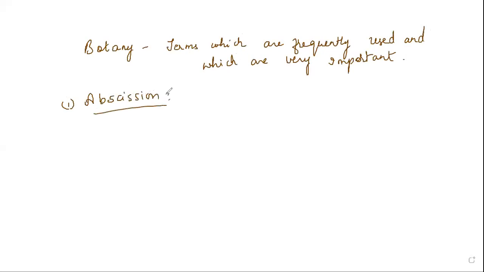Abscission. Now, what is abscission? It is nothing but separation of leaves, branches, flowers, and bark from plants by the formation of an abscission layer.